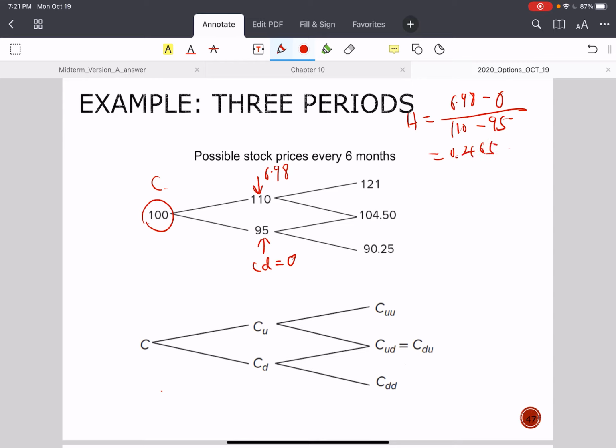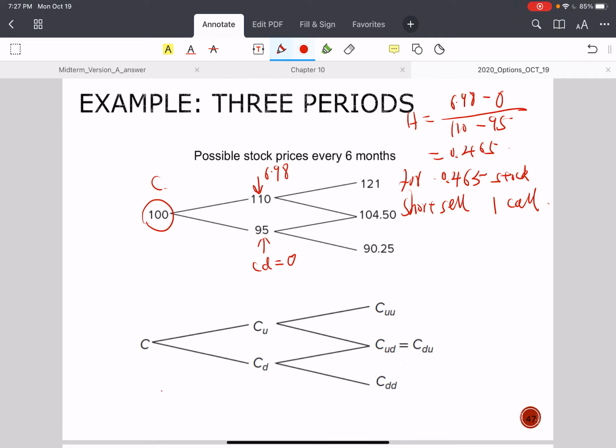So what does this mean? This means for 0.465 shares of stock, you will short sell 1 call, right?